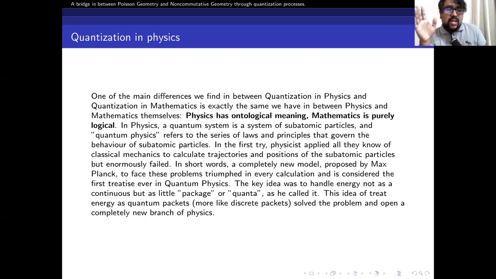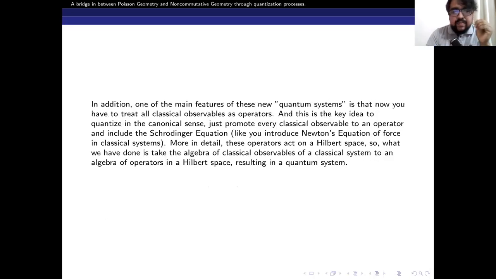So the key idea was to handle energy not as continuous, but as little packages or quanta, as he called them. So it's basically a discretization of what we usually do in physics. It's like the energy spectrum, instead of continuous, make it discrete. So this idea of treating energy as quantum packets solved the problem and opened a completely new branch of physics.